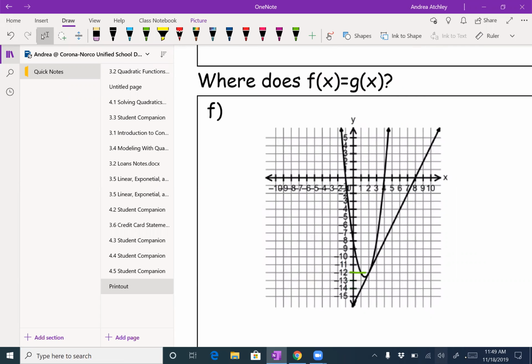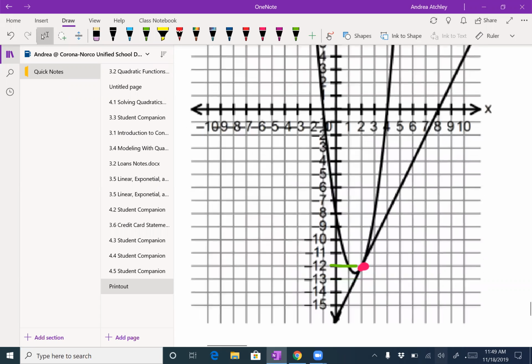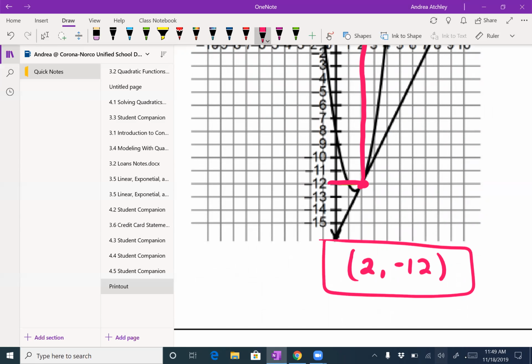With any system of equations, what you're looking for is where they intersect. That's going to be right here. You can see the x value there is 2, and the y value is negative 12. So your solution is 2 for x and negative 12 for y. That's it. Any questions over that?